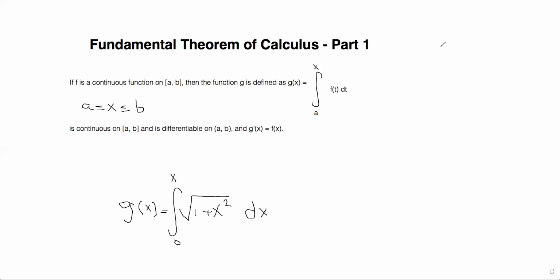Can you find g prime of x? So first I would calculate the antiderivative, right? Mhm. And then I would just find the derivative of that. Yes. But for the limits of integration, would I have to do anything with those? Nope. Because we're keeping the same variable of integration. In this definition, we used x and we used t, but in this one, we're keeping the variable of integration x throughout the entire problem. Okay.